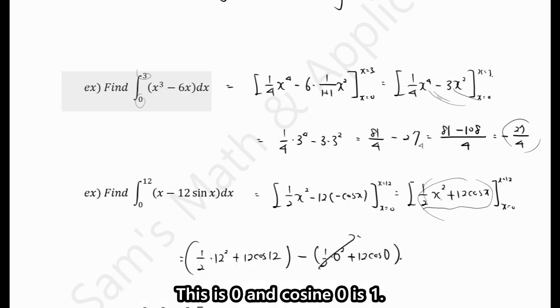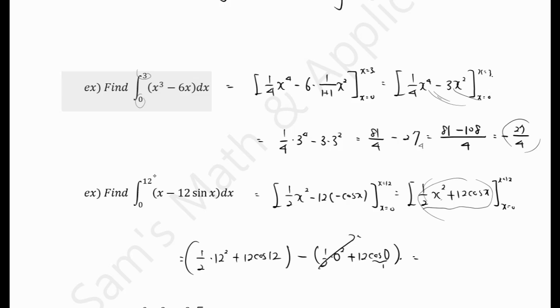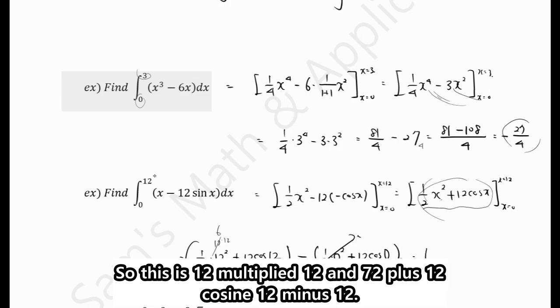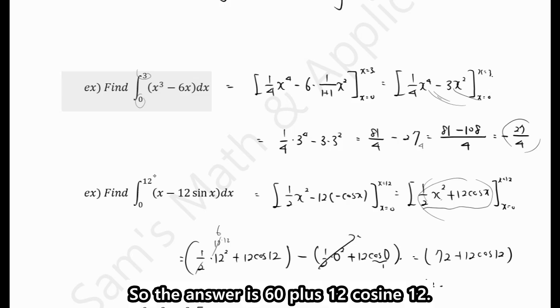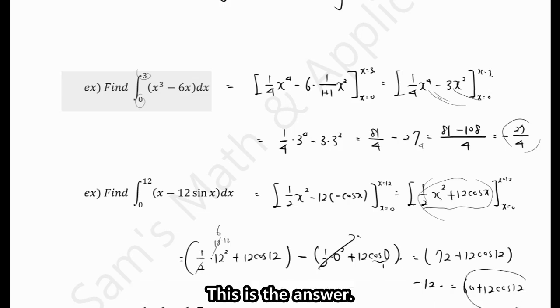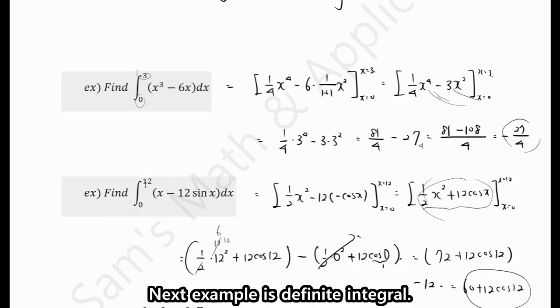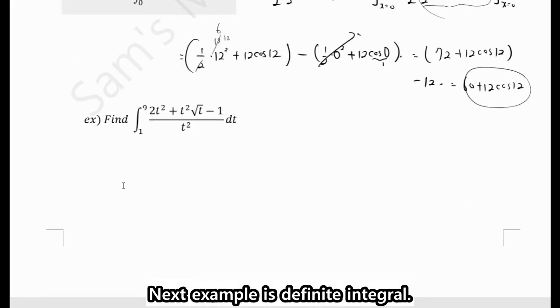This is 0, and cosine 0 is 1. So this is 72 plus 12 cosine 12 minus 12. So the answer is 60 plus 12 cosine 12. This is the answer.